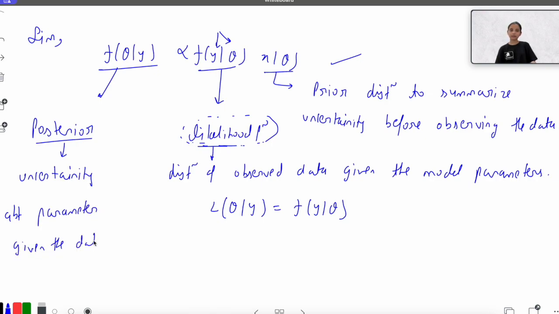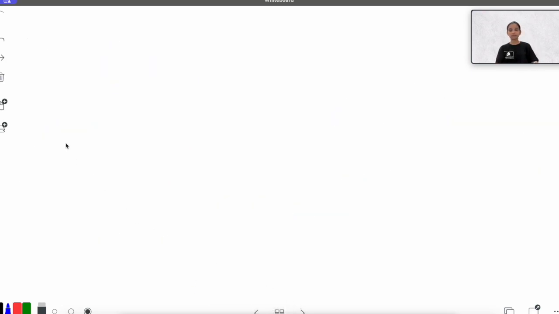So I think the definition would be clear now. That is the Bayes theorem that we are going to look at. Now let's consider some questions corresponding to it, to see how we are actually going to use it while doing the questions. So let's see it.